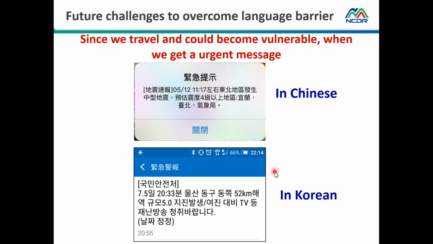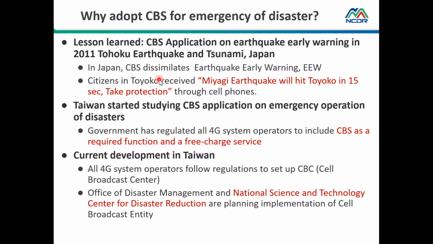So you must be alert if you receive such a message in the future. And in Taiwan, why do we use the cell broadcast service for disaster emergencies? Because we learned a lesson from the Tohoku earthquake and tsunami in Japan in 2011. In Tokyo, they received early warning of earthquakes through the cell phone.